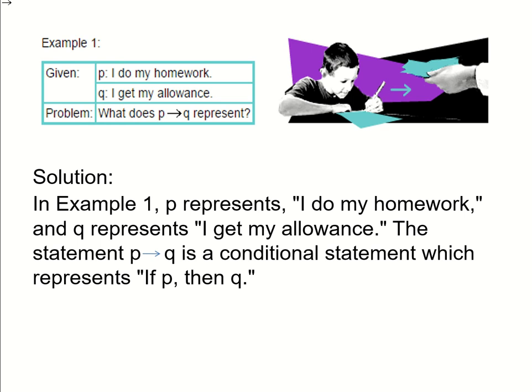And Q is the denotation for conclusion, which represents "I get my allowance." The statement P → Q, read as "P implies Q" or hypothesis to conclusion, is a conditional statement which represents "if P then Q."